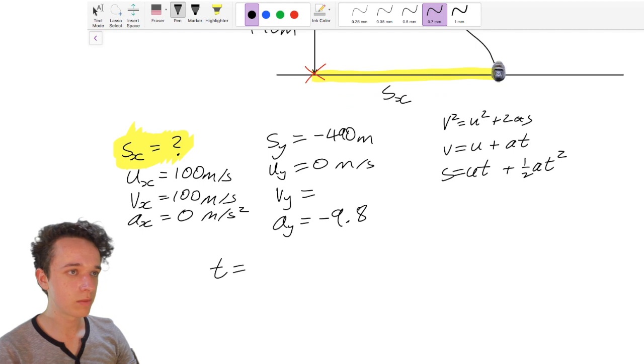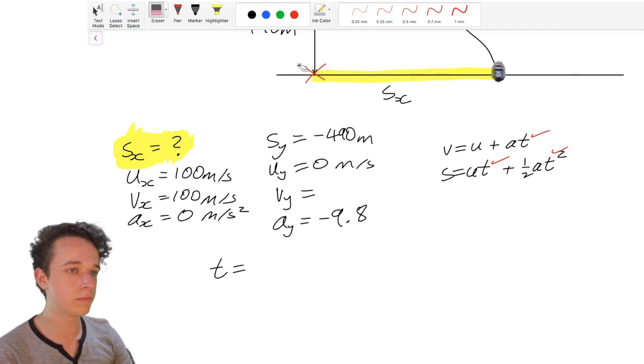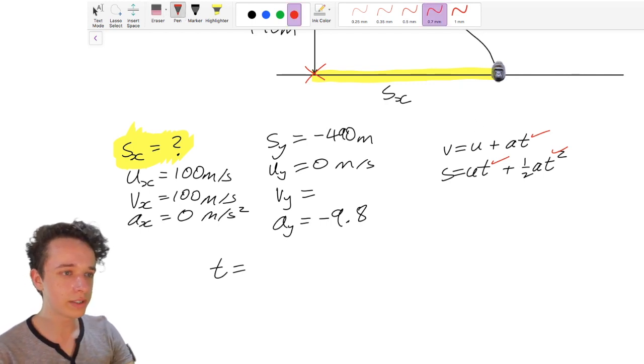We're trying to find t, which the first equation doesn't have, so let's remove that. We have an s, we also have a u and an a, so I'm going to use this equation down here, s equals ut plus half at squared.